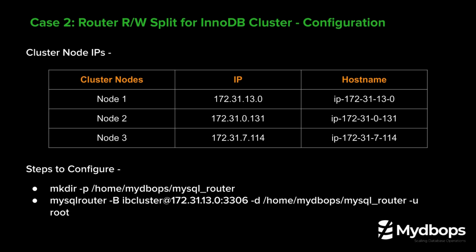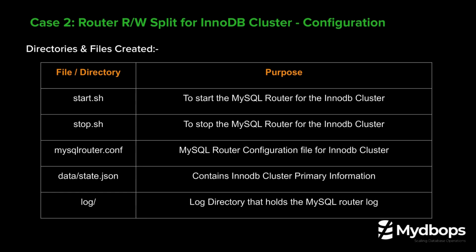We can use the bootstrap function on this. With this step itself, it will automatically get the information from the InnoDB cluster and create all the log files, config files and everything. So we'll see what files it creates. After the bootstrap function, it will create these files. The first one is start.sh, a daemonize process to start the MySQL router.